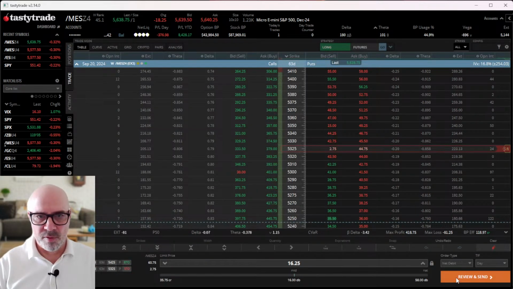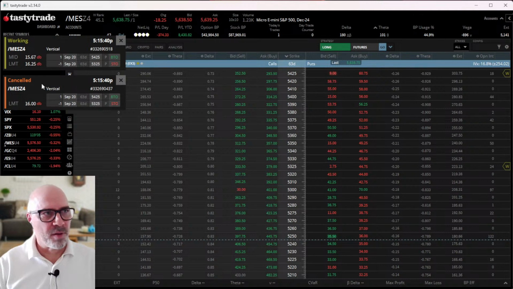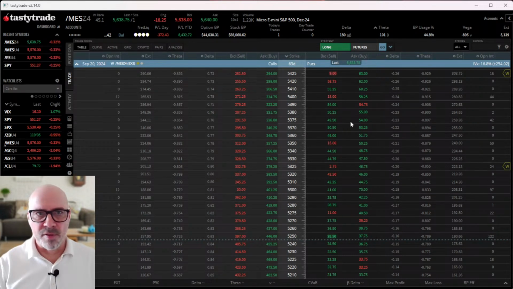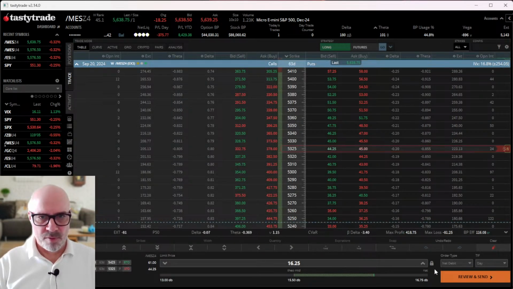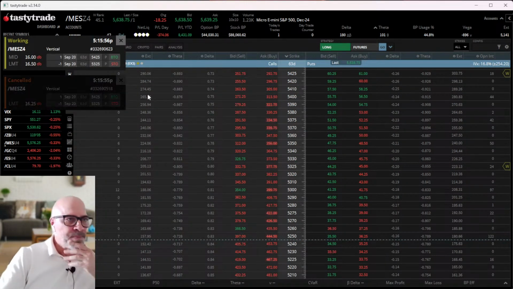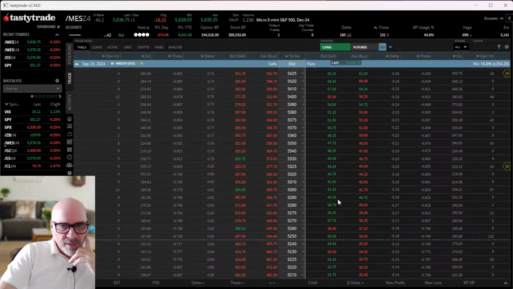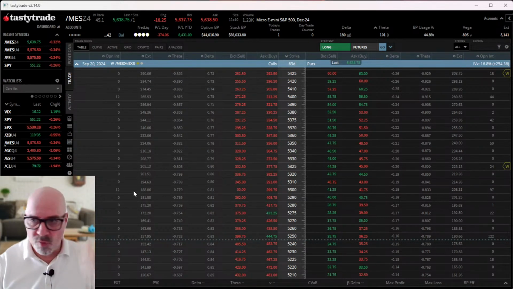Well, looks like liquidity is gonna be pretty weak here, because let me just see something. All right, let's go for 1650 and close this. And if that doesn't close, we'll just leave it for a second there and see if it works.